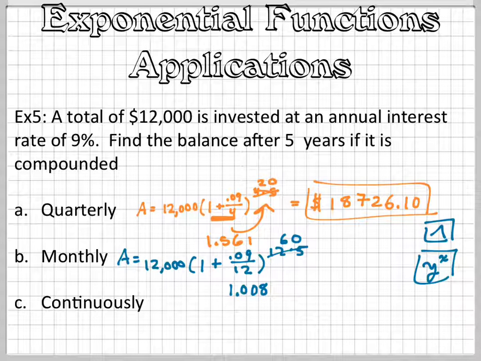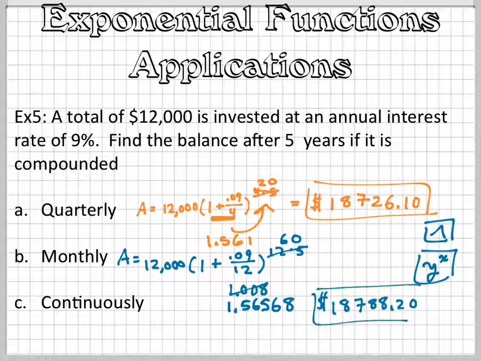One of these buttons will allow you to enter a power. And so after I enter the power, I get 1.56568, and then I'm going to multiply that times 12,000. And I get 18,788.20. So that's our amount for when it's compounded monthly.